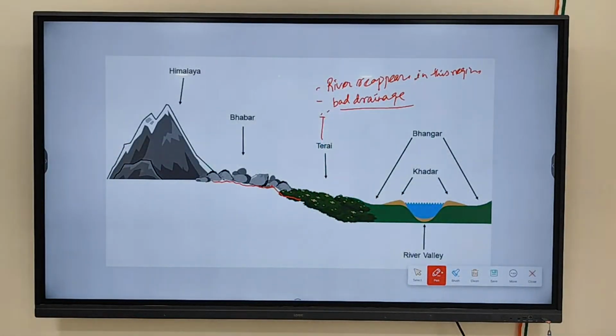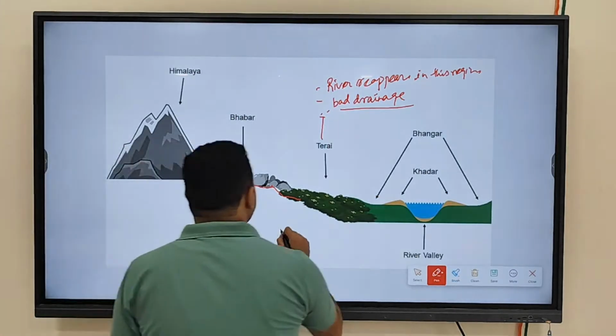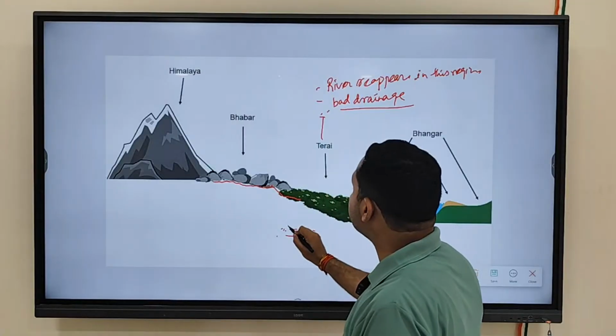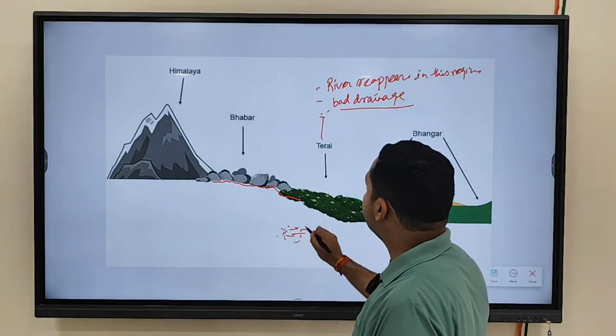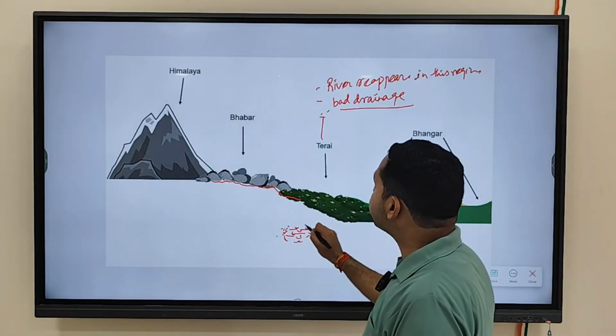Why is it a zone of bad drainage? Because rivers are not able to flow, because of a lot of sediments. The river is carrying a lot of sediments, so the river is not able to flow properly in this particular region. So it is a region of bad drainage. Water will stick around. When there is water, a large amount of sediments mixes with it.